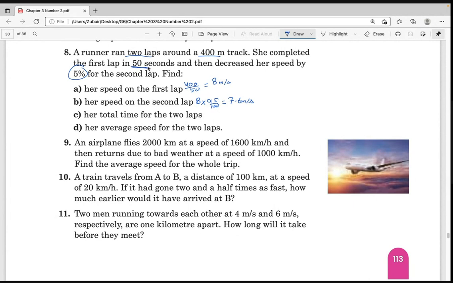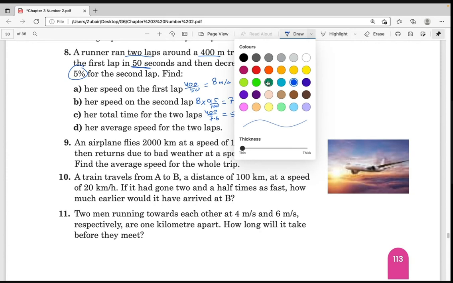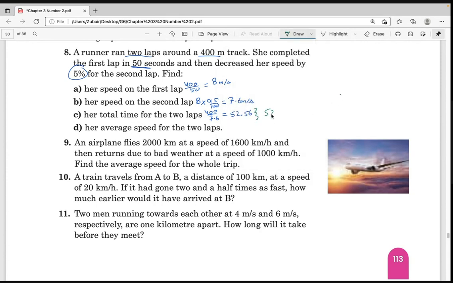Our total time for 2 laps. Now first lap is very clear, that is 50. So second lap is distance divided by speed. I'm getting 52.56. And when you add 50 to it to get total time, you get 102.6 seconds up to 1 decimal place. Average speed for 2 laps.